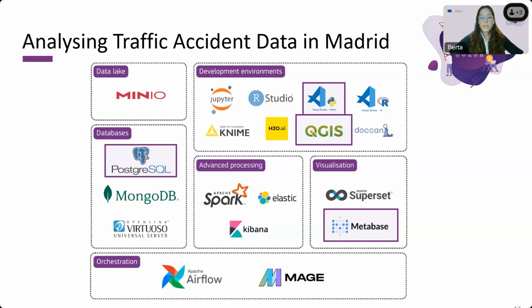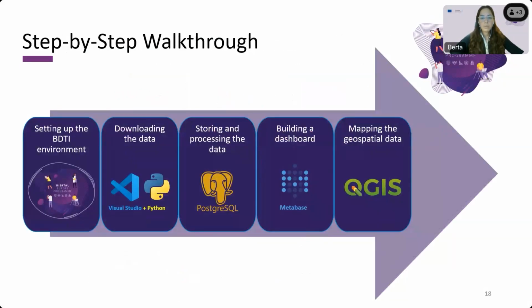And then we'll create some geographical visualizations with QGIS. By the end of this workshop, you'll have a complete end-to-end view on how to turn raw data into real actionable insights that public institutions can use for urban planning.